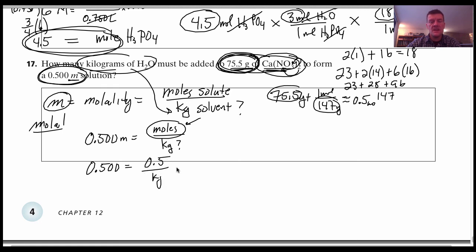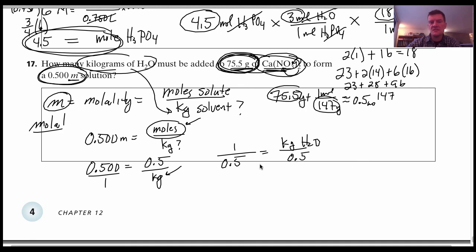Okay? And I can then solve for kilograms. I like to flip them both over. When the thing that I'm trying to find is in the denominator, you can flip both of these over. This is like over 1. Just flip them both over. All right.